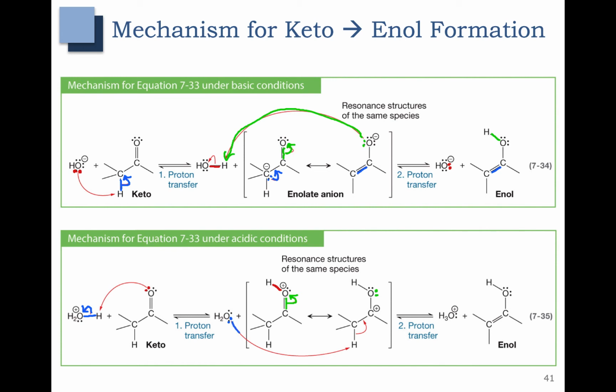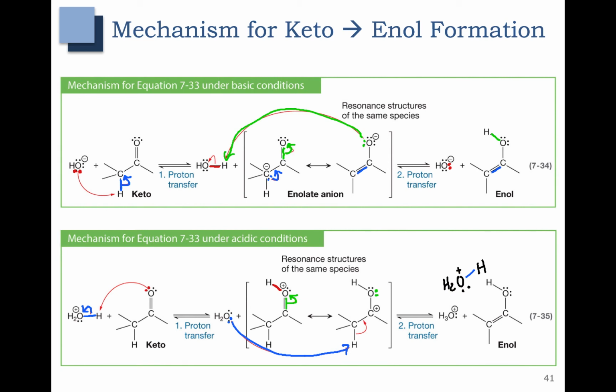The water is going to come over here and pick up that hydrogen. It's not drawn out here, so I'll draw it for you over here on the right. So water is picking up that hydrogen and forming a new oxygen-hydrogen bond.